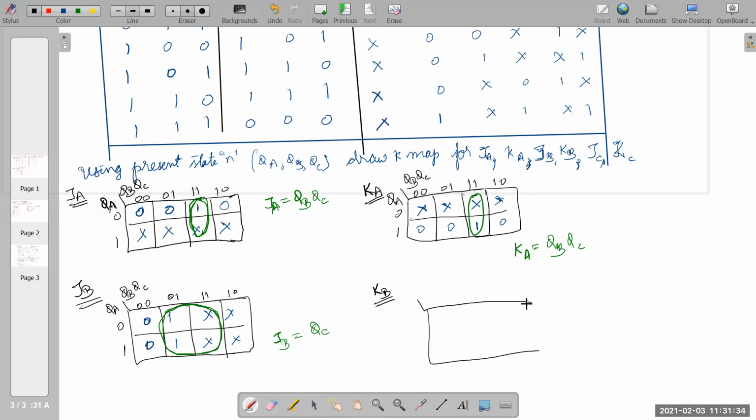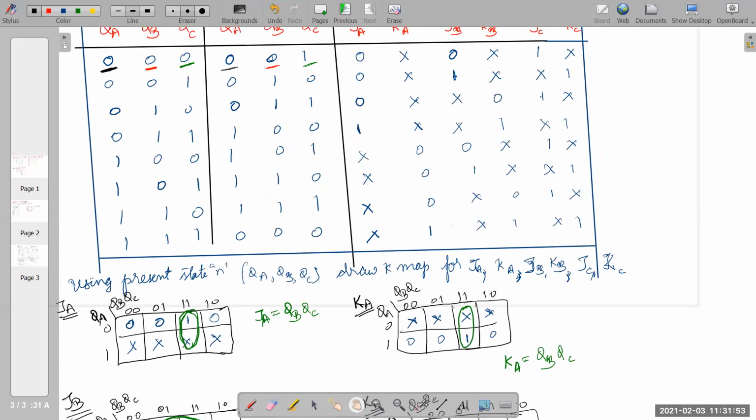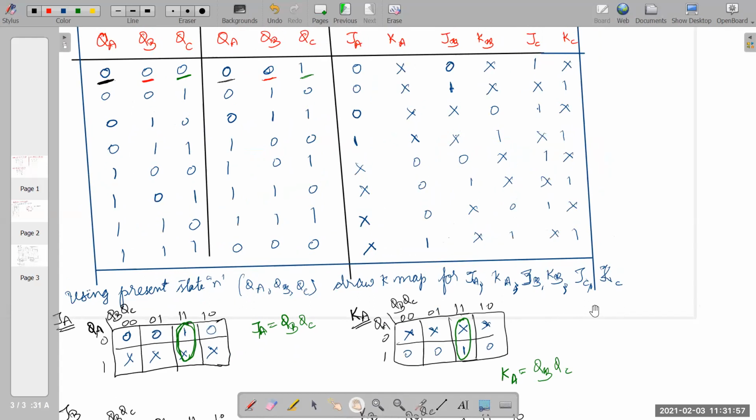Again, 3 variables, so 8 boxes. You are going to take present inputs and write the K map. Then you have to simplify, thereby you will find KB. Now you can see this column, that is your KB column. XX01, XX01.